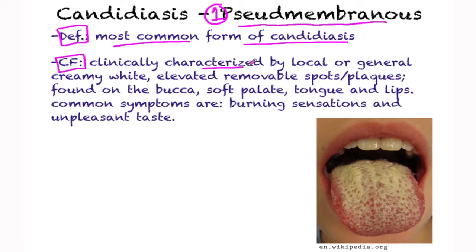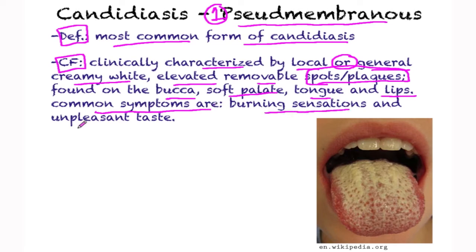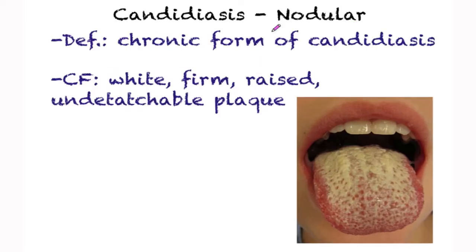It's characterized by a local or general creamy white, elevated, removable spots or plaques. It's found on the bucca, the soft palate, the tongue, and the lips. The most common symptoms are burning sensations and an unpleasant taste.